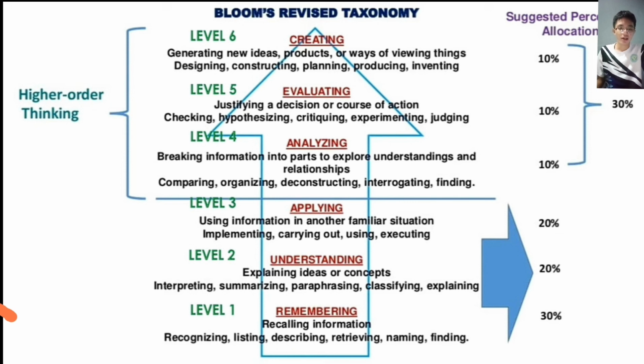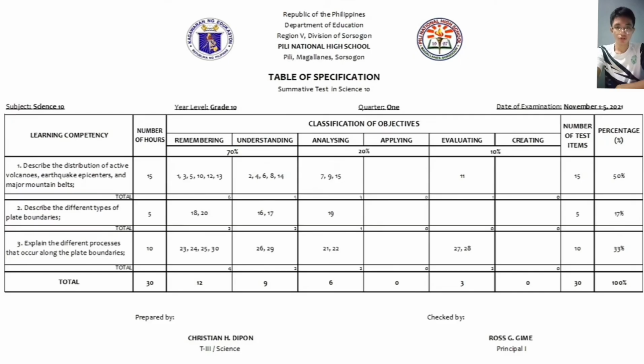And then levels 4 to 6 are only suggested 30%, because they need higher order thinking skills. We also need to think about the time allotment and whether your students can finish the assessment. So let me show you an example of the table of specification.